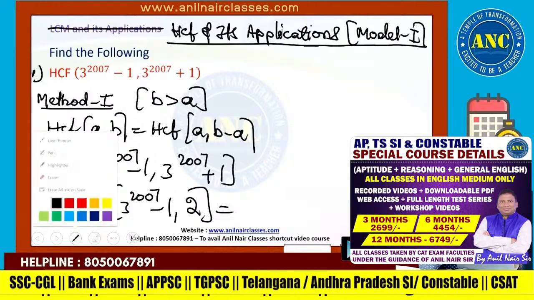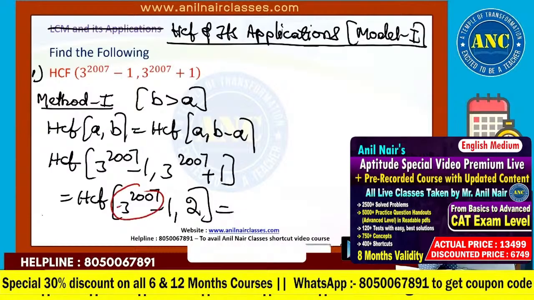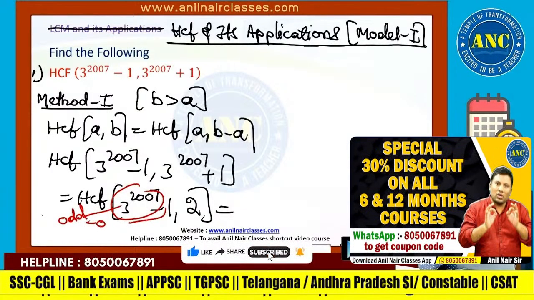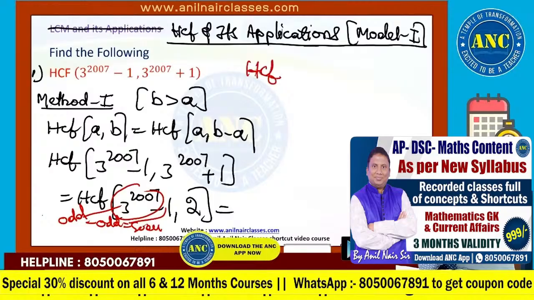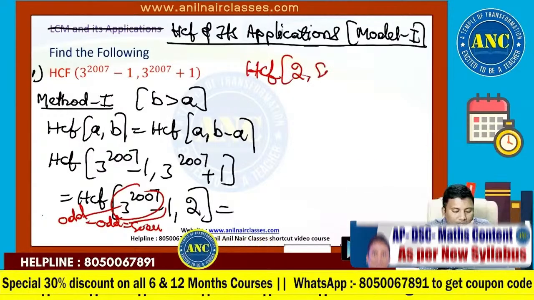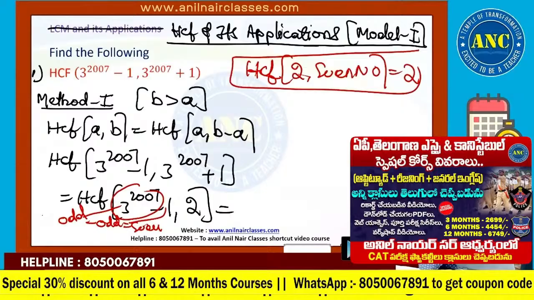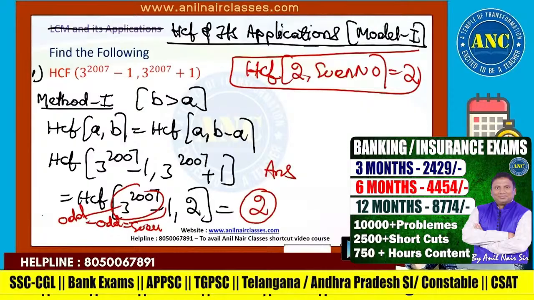Already we discussed, right? 3 power 2007 is an odd number. 1 is also an odd number. Odd minus odd is an even number. HCF of 2 with any even number is always 2. So according to method 1, the answer is 2.